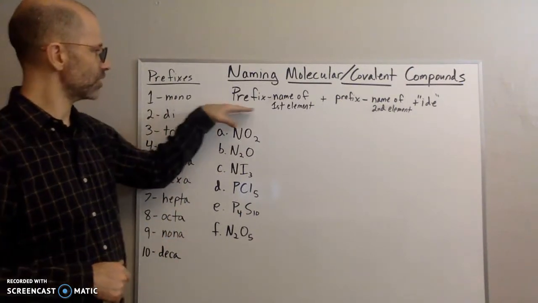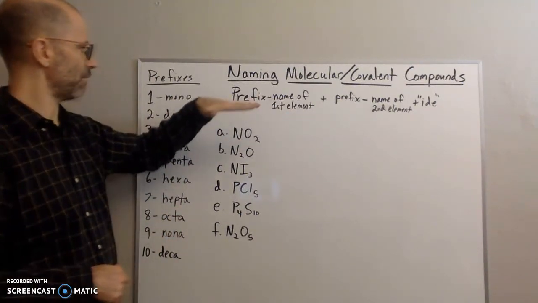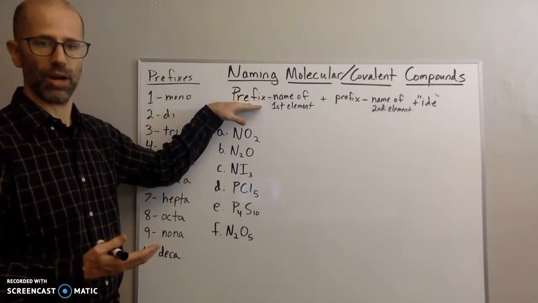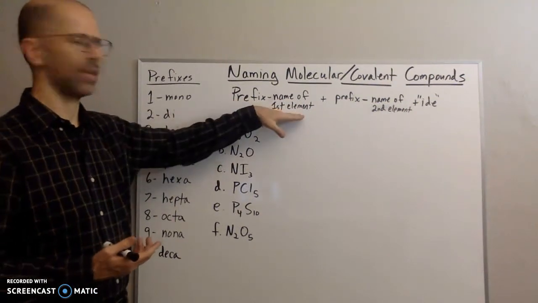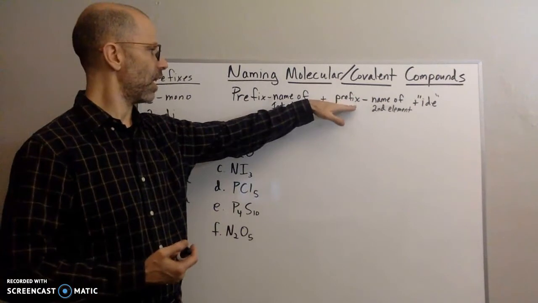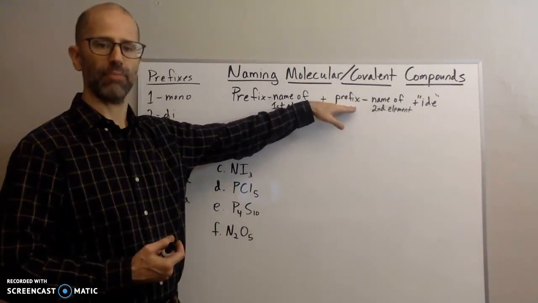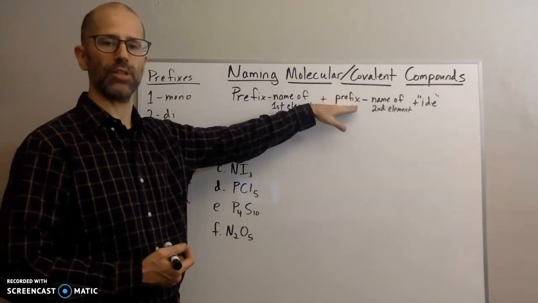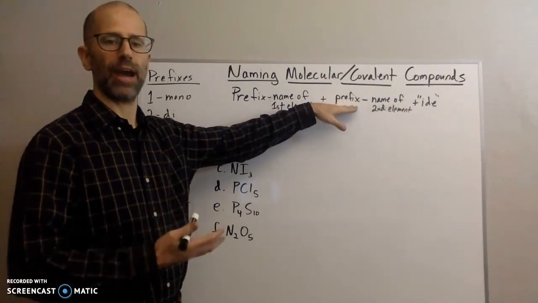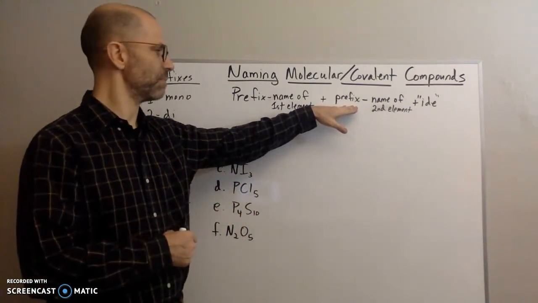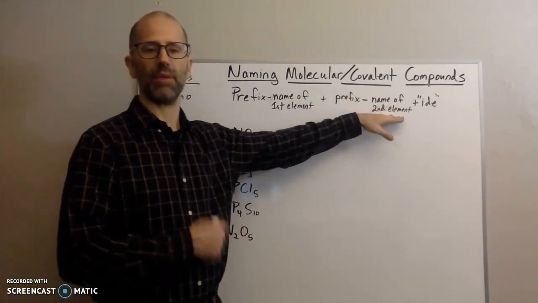So your first element in the compound, you're going to have a prefix that identifies the number of that element and then the name of that element. And then you add to that the second part of the name for the second element. So you're going to need the prefix that comes first. That's going to identify the number of atoms of that element, followed by the name of that element.